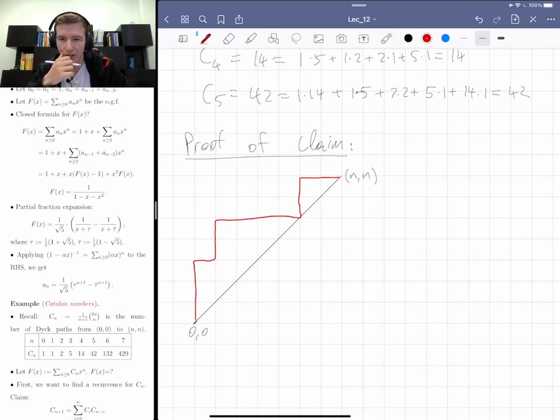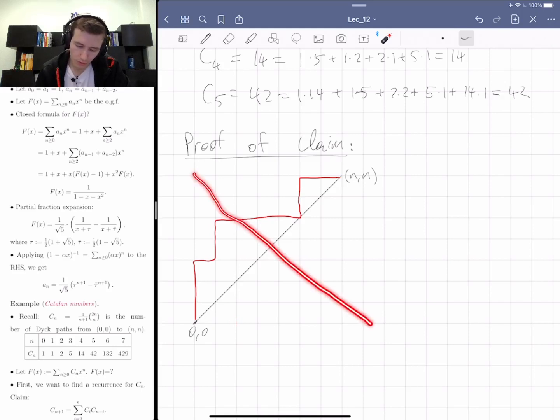Passes through n, comma n minus i... wait, n minus i, n minus i. Oh, so you want the recurrence to go according to which of these points it passes through.